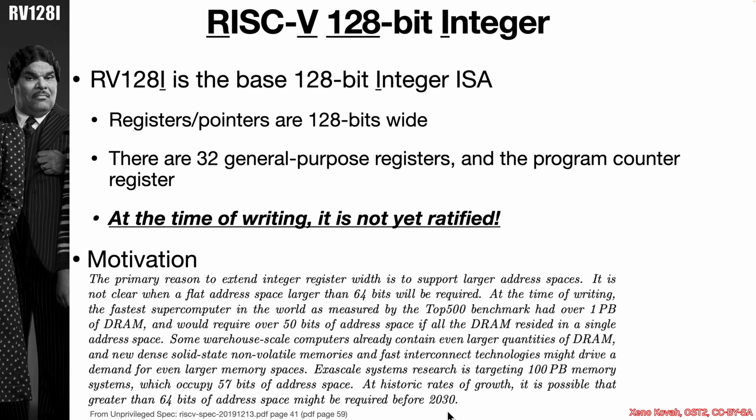They're guesstimating, perhaps by the 2030s. And so consequently, they just want to recognize that they're probably going to have to move up to 128 bits of space. And rather than doing subsets like other architectures when they try to move past 32 to 64-bit, they put little slices, first you have 48-bit and then you have 52-bit. Well, they just say, hey, look, let's just move up to 128-bit when we get there.